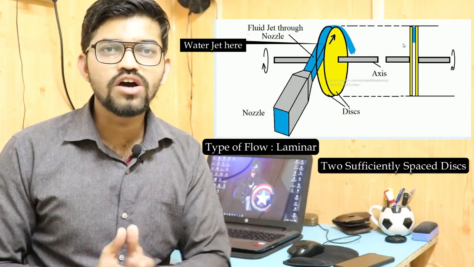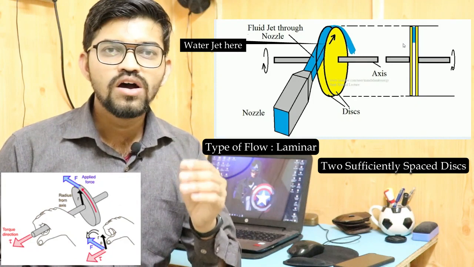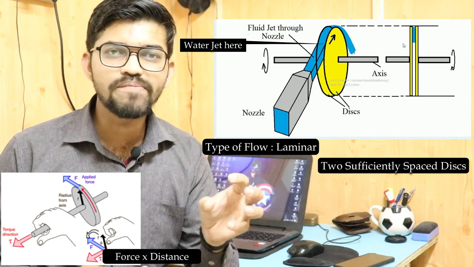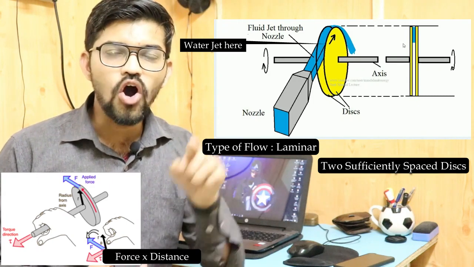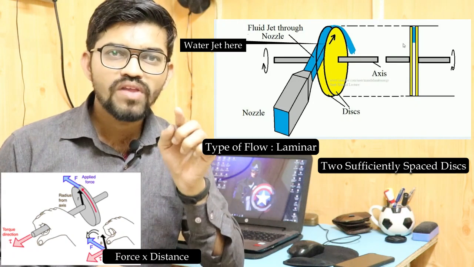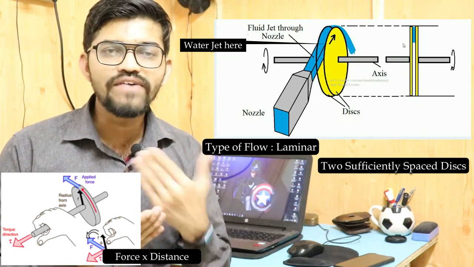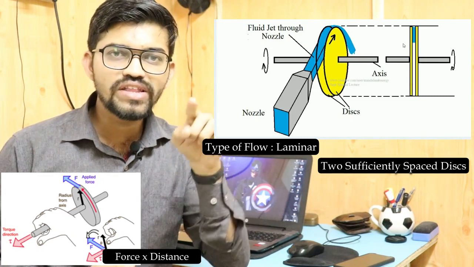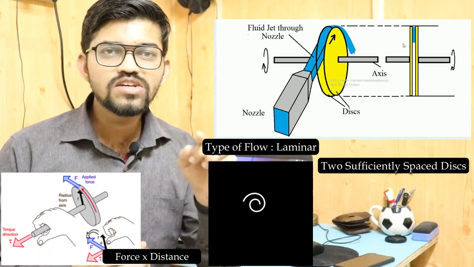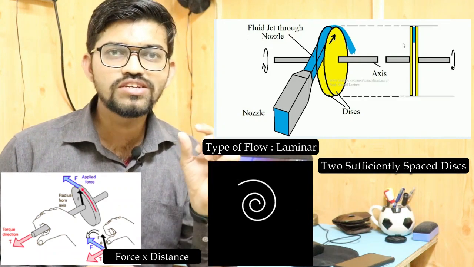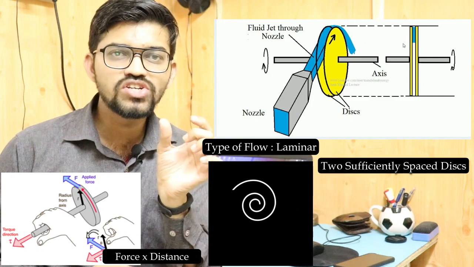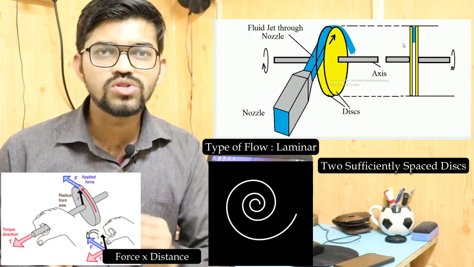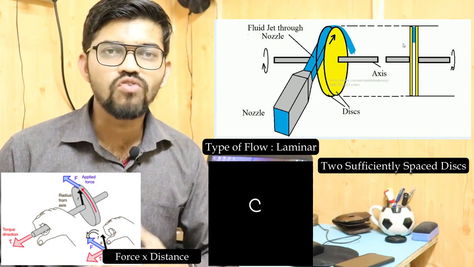This will produce a torque, that is force into displacement, so torque gets induced in the disc. The high velocity fluid enters the disc and moves inside it in a spiral direction. The distance travelled by the water jet gets minimized as it flows inside the turbine. So this is the overall construction of the Tesla turbine.